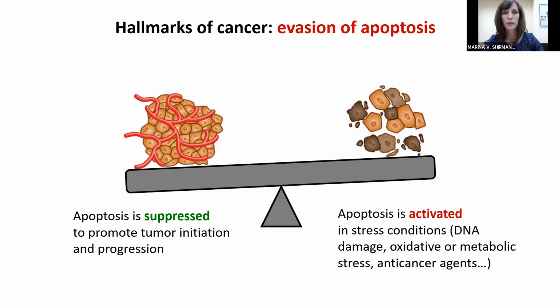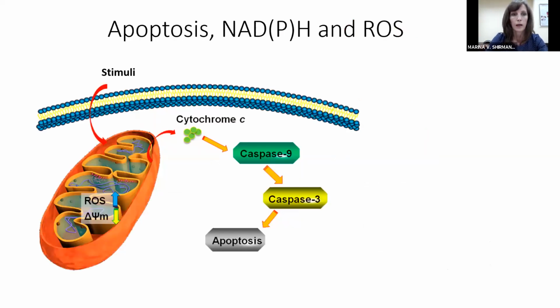But it is not completely true that cancer cells absolutely evade apoptosis, because even in cancer cells, apoptosis can be activated in stress conditions like DNA damage, oxidative or metabolic stress, or after anti-cancer therapy. Apoptosis is a multi-step, energy-dependent process in which a number of intracellular pathways are involved.